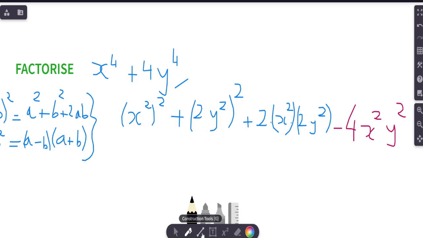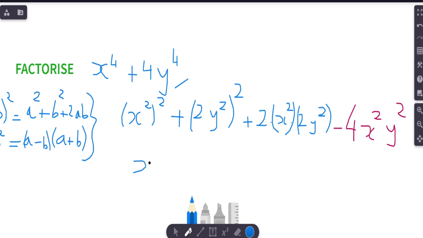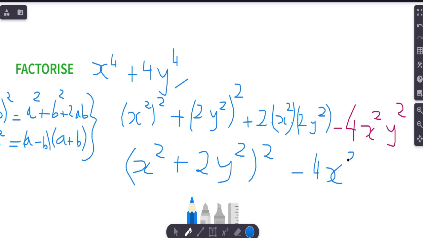And let's rewrite. Okay, so now we can rewrite this expression as a squared plus b squared: it is x squared plus 2 y squared, all squared, minus 4 times x squared times y squared.